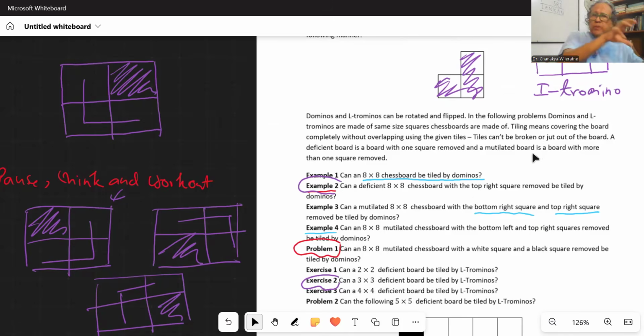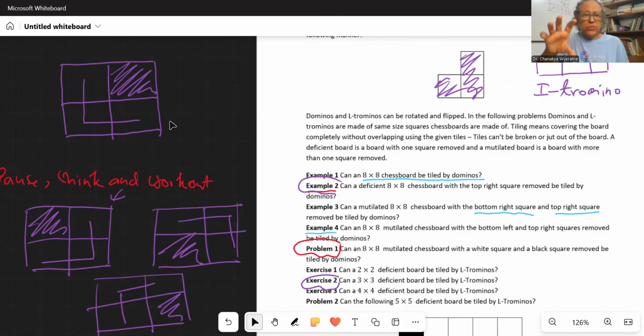Being tiled by dominoes means that it has an even number of squares, so by the contrapositive, an odd number cannot be tiled. Likewise here, if a board can be tiled by L dominoes, then it has a multiple of 3 squares, because each L domino covers 3 squares.